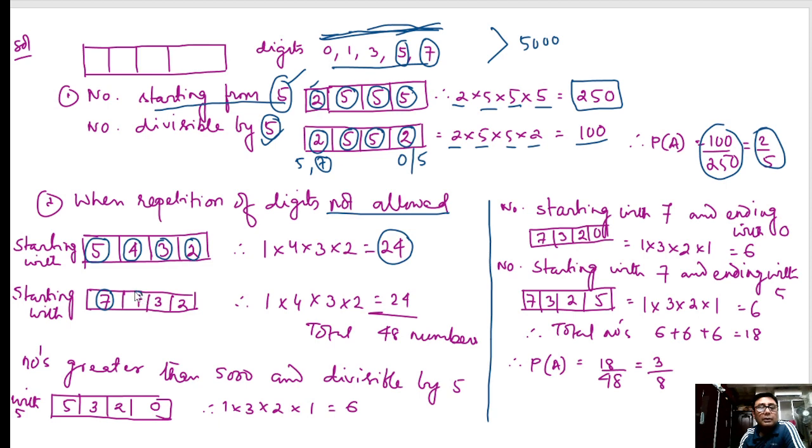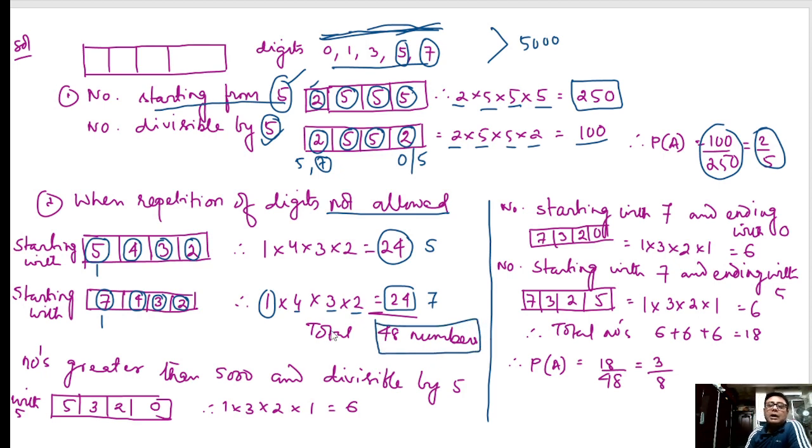And now out of the 5 digits only 4 options, then only 3 options, then only 2 options. Starting with 7, one option. Starting with 5, one option. So 1 into 4 into 3 into 2, so there are 24 numbers starting with 7, 24 numbers starting with 5. So total numbers greater than 5000 is 48 numbers.